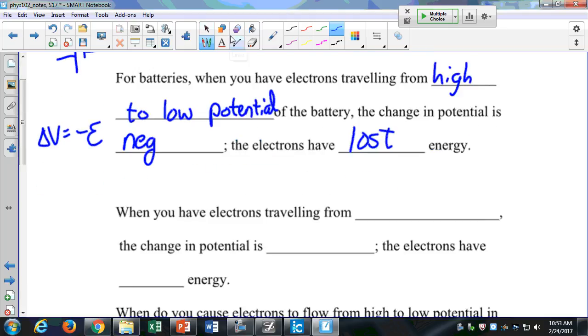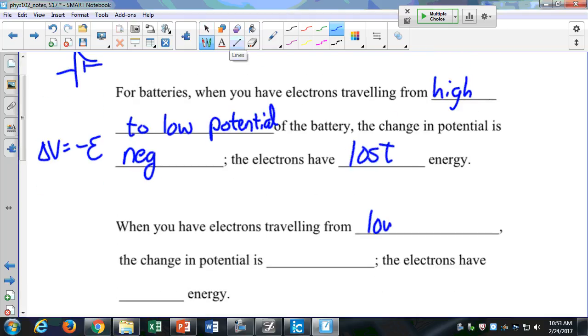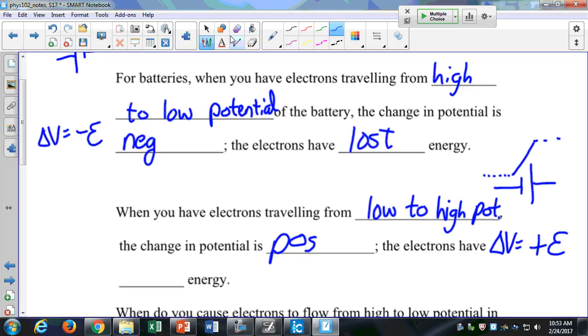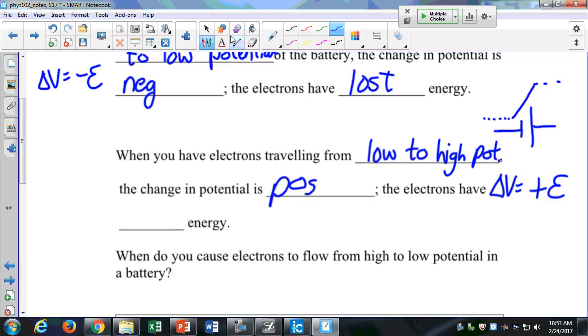And when you have electrons traveling from low to high potential, that's sort of the normal way that we do batteries. The electrons come along here, and then they gain energy, allowing them to move out into the rest of the circuit. The change in potential here is positive. That is, delta V is positive E, the electromotive force. The electrons have gained energy.